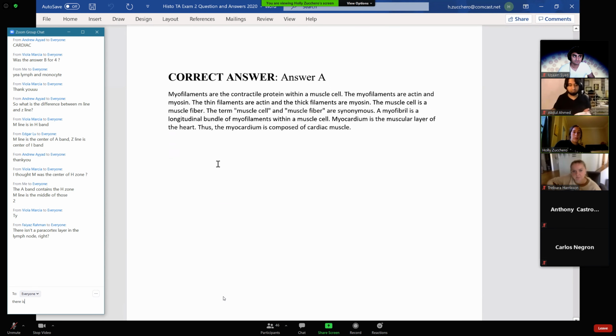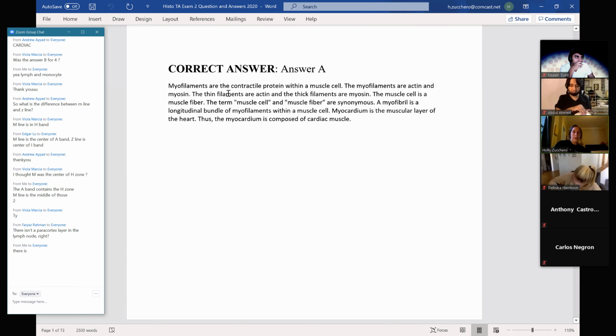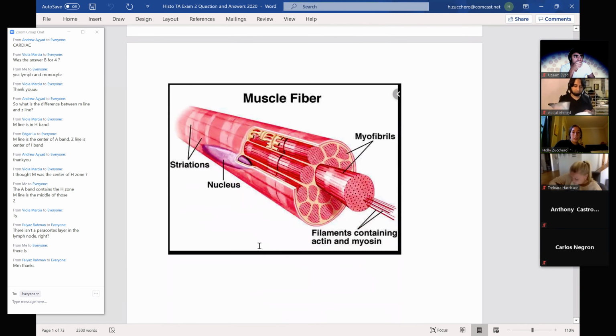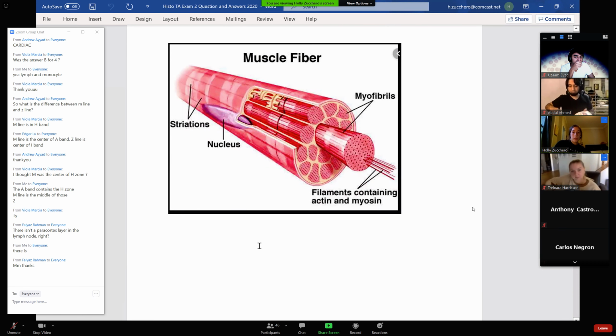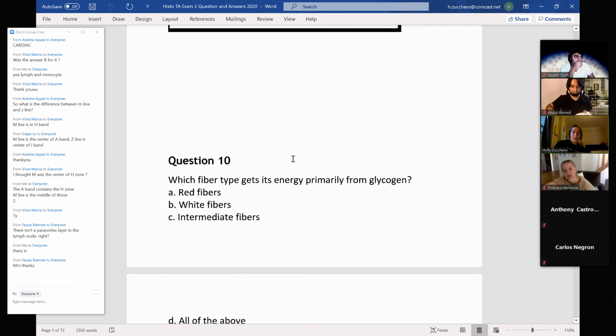So the myofilaments are the contractile proteins, so that's both actin and myosin. The thin filaments are actin, where myosin is going to be thick. The muscle cell is a muscle fiber, so those two words are synonymous. Again, just a very straightforward question. This is what that would look like.